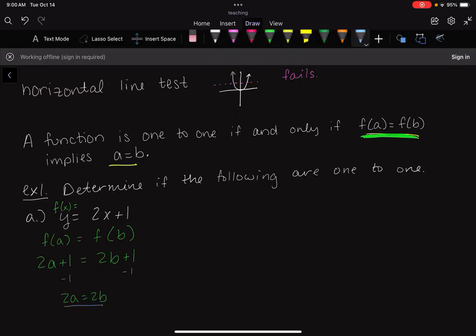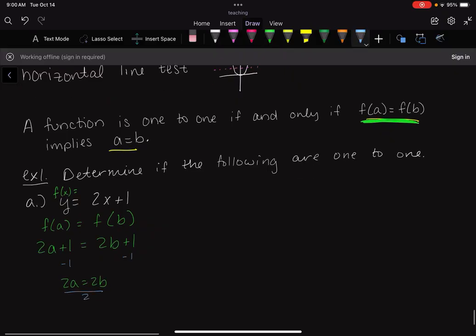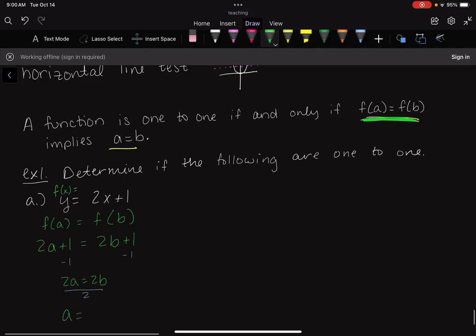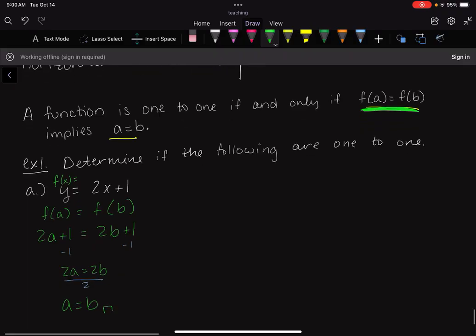Then I can divide both sides by 2, and I get a equals b. Since I started with f of a equals f of b, and I was able to use algebra to get to a equals b, that means I'm done, and yes, this is a one-to-one function. This little box here at the end just means I'm done with what I was doing. Kind of a math notation thing.